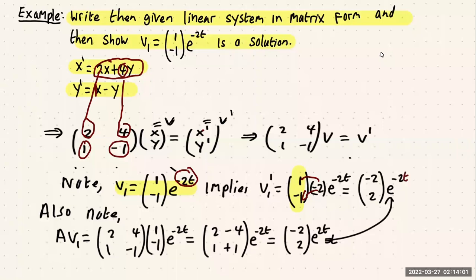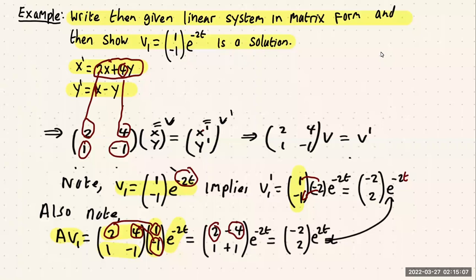Also note here, if I do A v1, my matrix again is 2, 4, 1, -1, and my vector is 1, -1 times e to the minus 2t. When you're multiplying the matrix with the vector, you go 1 times 2, that's how I get this one. Negative 1 times 4, so I got the negative 4 here.